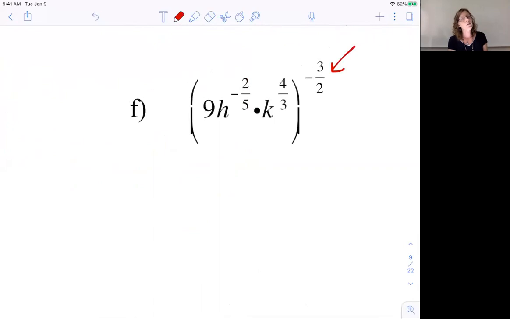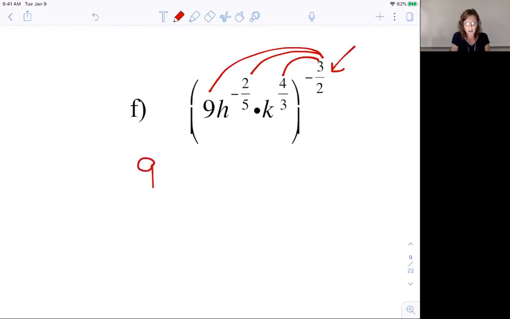Now, there are a couple of different ways that you could approach this. Kind of depends on what you want to do first. Does anybody have a suggestion as to where we could start? Could distribute first. Yeah, we could distribute first. That could be one step that we could do. When you're distributing, make sure you're distributing it to everything as an exponent.